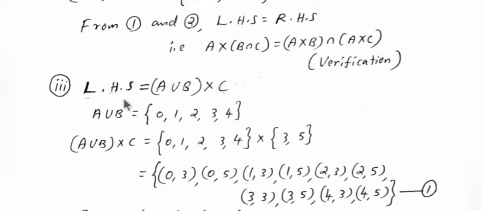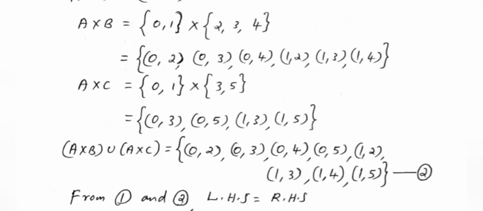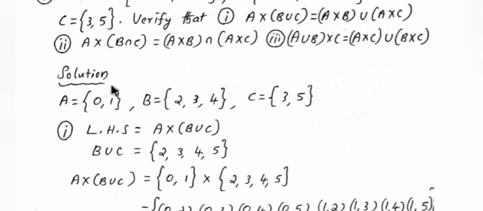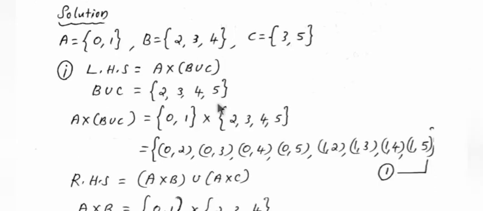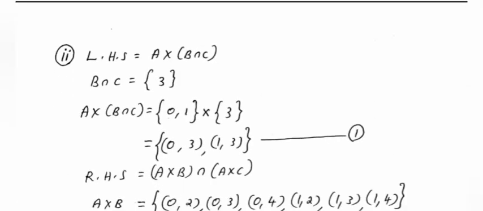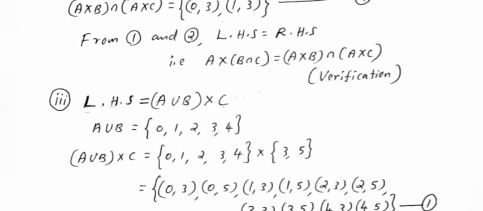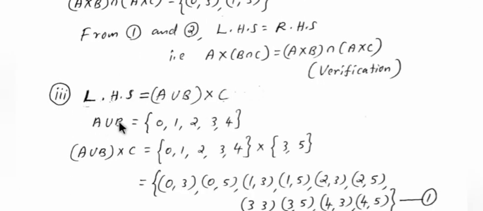That means join the elements of A and B. We will get 0, 1, 2, 3 and 4. A union B is equal to 0, 1, 2, 3, 4.